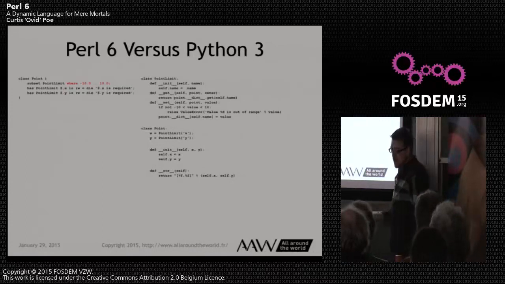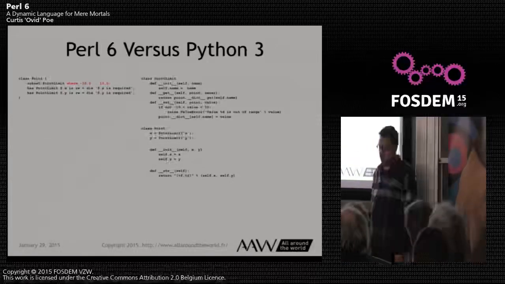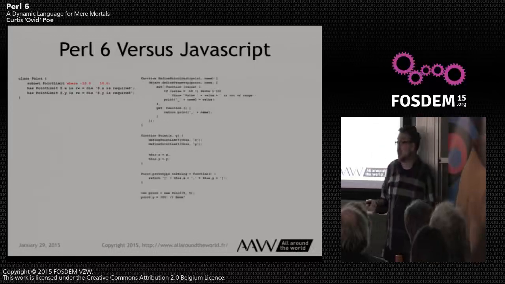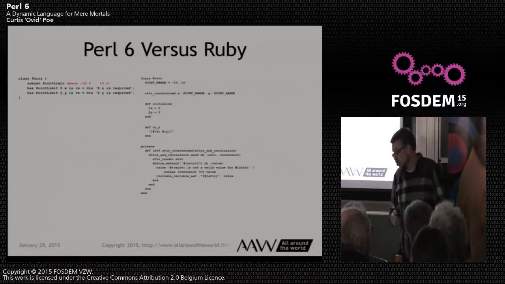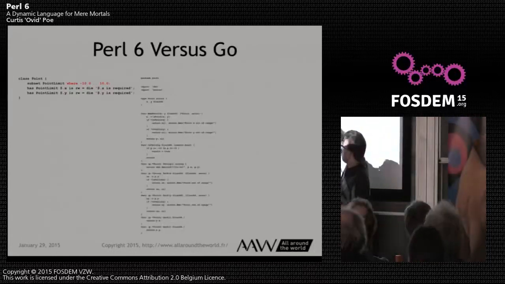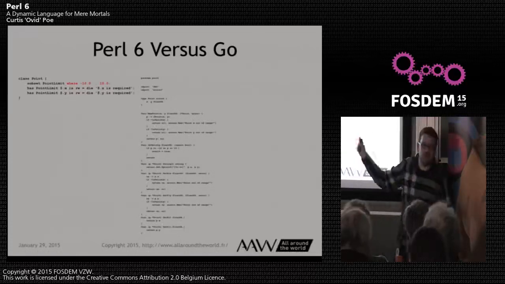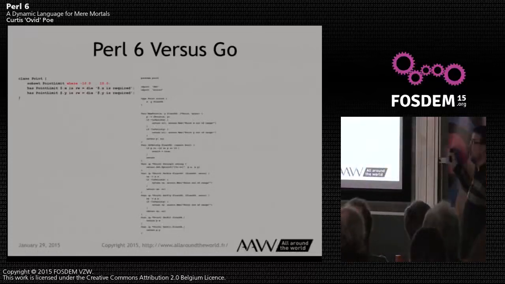So Python 3. Can't really declare a type, so there's a class up there to simulate that. There's JavaScript. Ruby. My favorite was Go. I had to shrink the font size in order to get this to fit on the darn slide. Because Go, it may be a wonderful language, but oh my goodness, it's verbose.